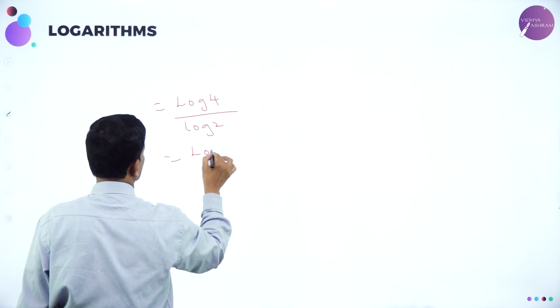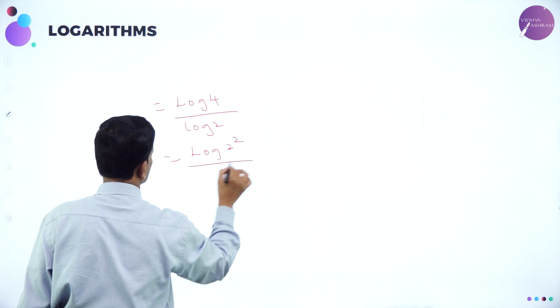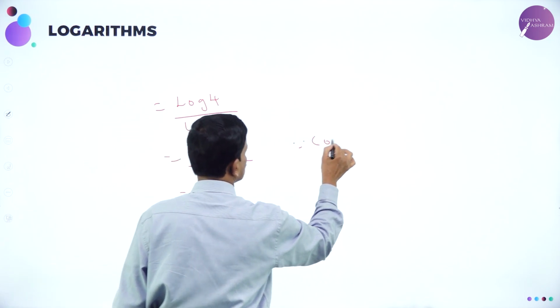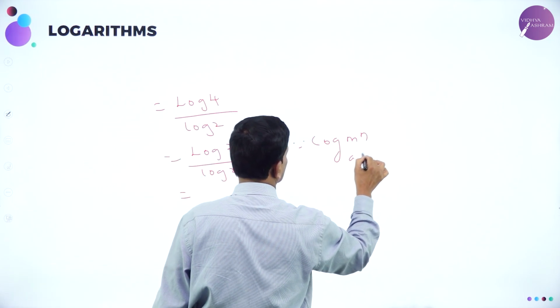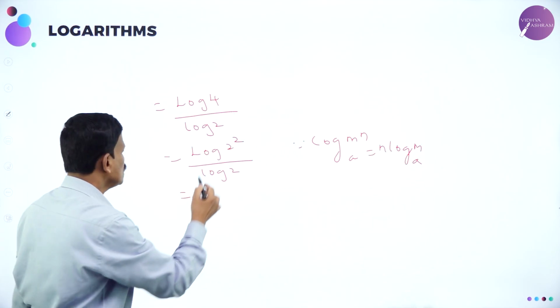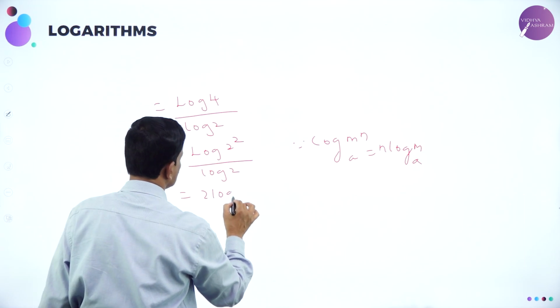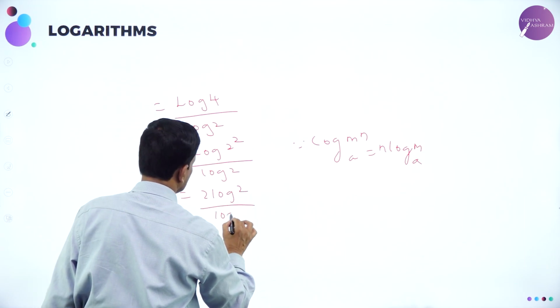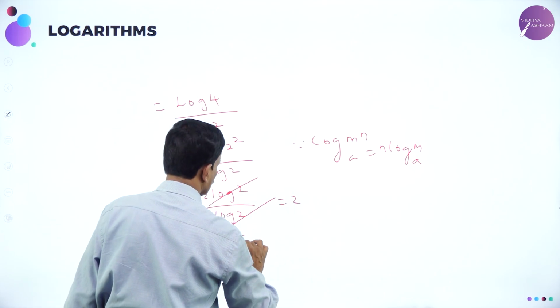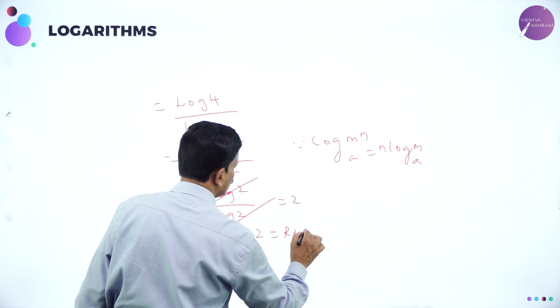So this logarithm of 4 can be written as log 2 square divided by log 2. Again using this formula, since logarithm of m to the power of n to base a is n log m to base a, this can be written as 2 into log 2 divided by logarithm of 2. Logarithm of 2 and log 2 get cancelled. This is equal to 2, which is the required RHS.